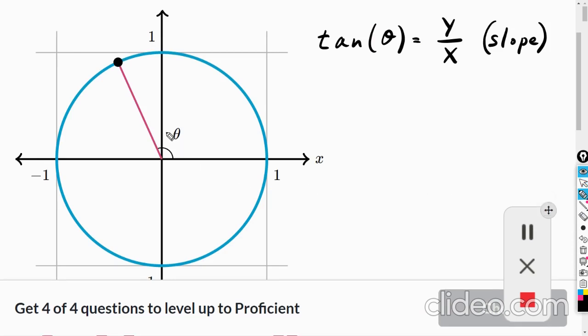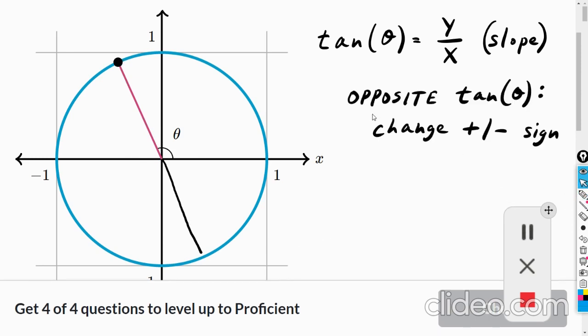All right. So if you have a radius that extends like so, the tan of this angle theta and the tan of that angle theta are going to be the same because the slope of this line is the same as the slope of that line.